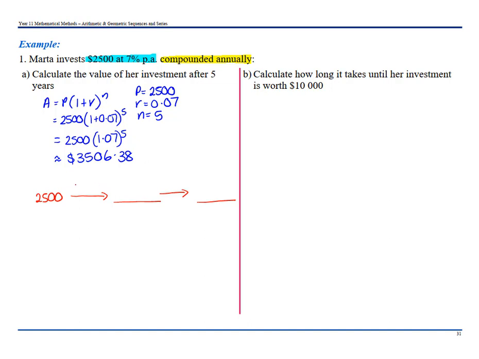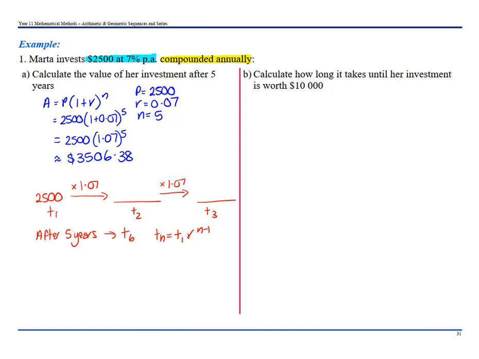Now, if we looked at it as a geometric sequence, so 2,500 goes into our next amount, goes into our next amount, and we times by 1.07 each time. T1, T2, T3. So after 5 years, we actually need T6. So Tn equals T1 R to the n minus 1.